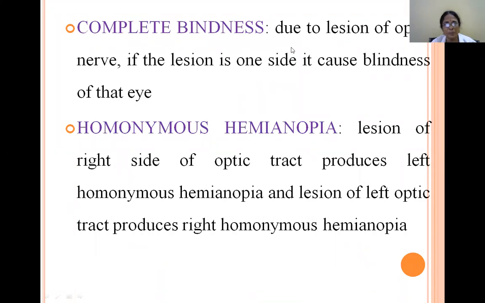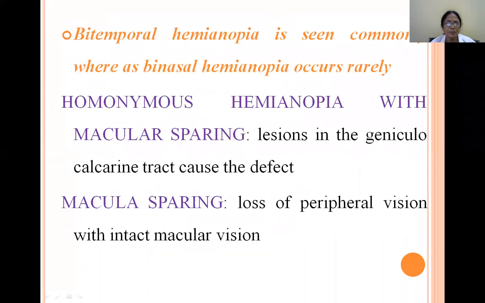If it is cut completely on one side, it causes complete blindness. Suppose the lesion is on the right side; it produces left homonymous hemianopia. And a lesion of the left side produces right homonymous hemianopia. Bitemporal is common, binasal is rare.